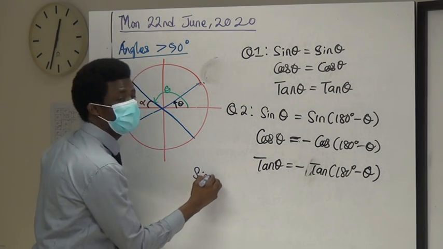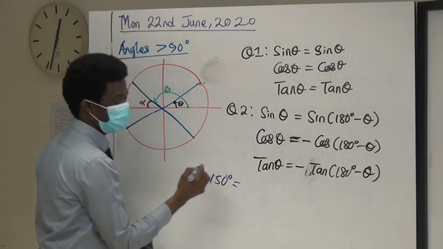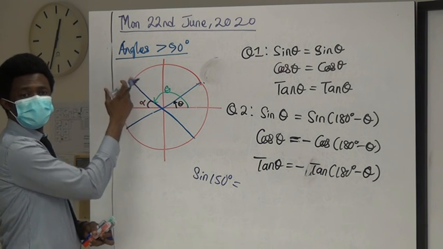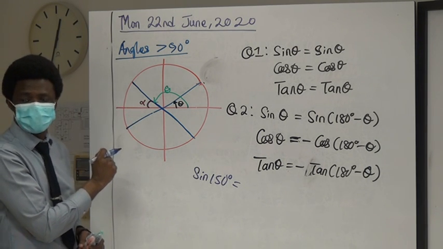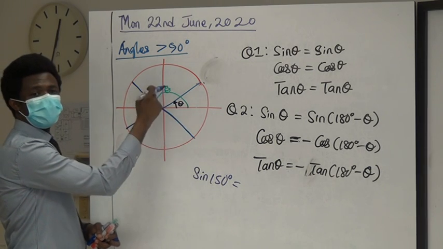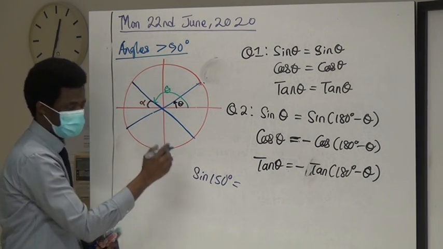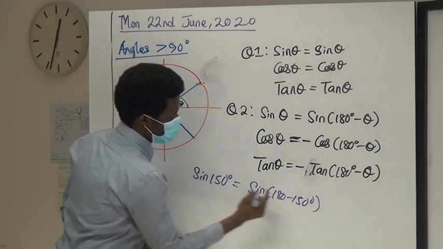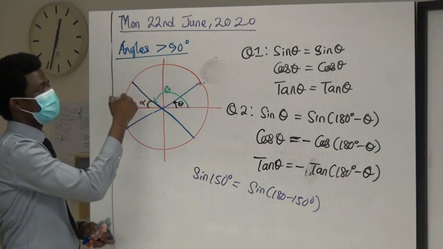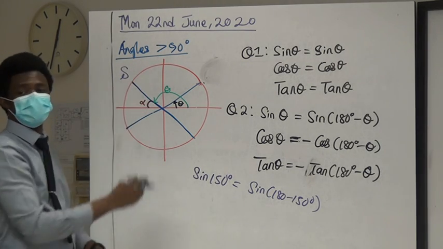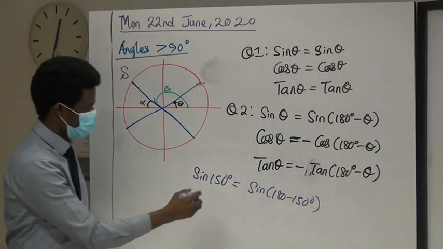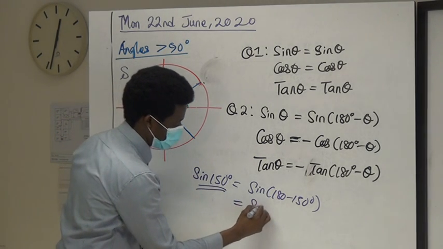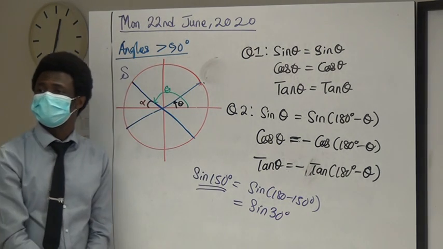Somebody says find sine 150. 150 is here, but this is the angle that I can make use of in acute form, which is equivalent to 180 minus whatever I have, right? So it's going to be sine of 180 minus 150. Why is this still positive? Because I'm dealing with the second quadrant where sine is positive. So which means my sine 150 is actually sine 30 degrees.